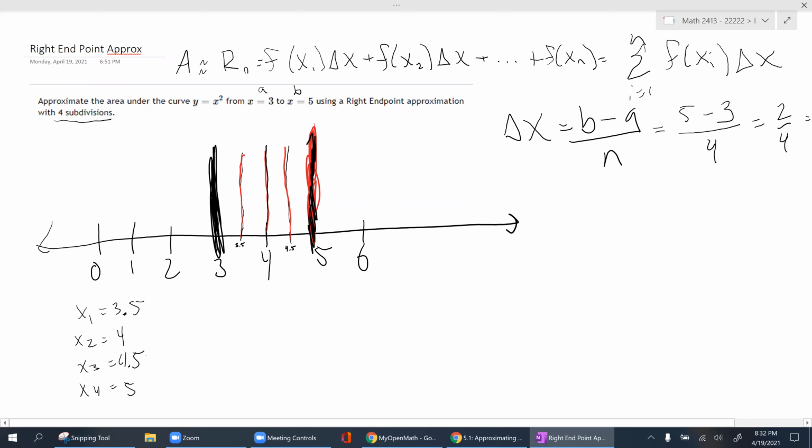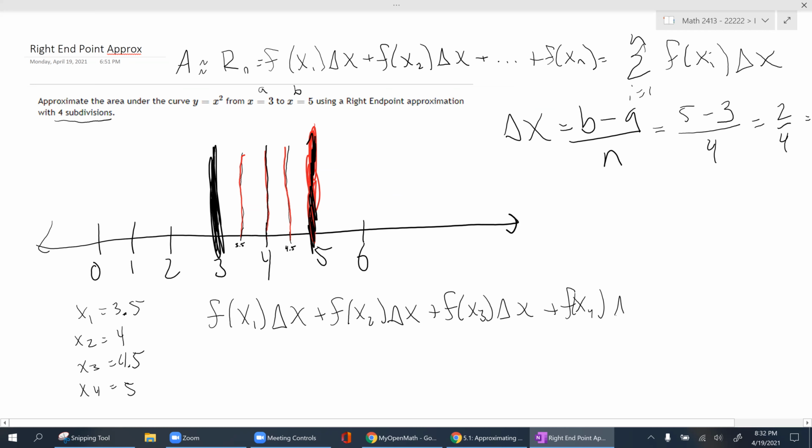I'm going to plug it into this formula: f of x1 times delta x plus f of x2 times delta x plus f of x3 times delta x plus f of x4 times delta x.